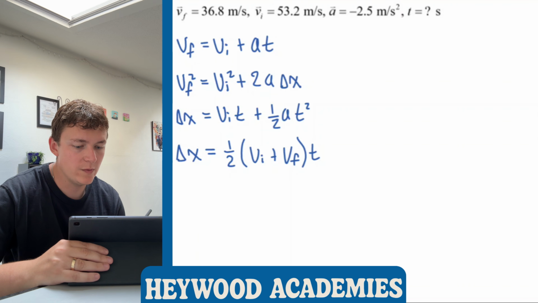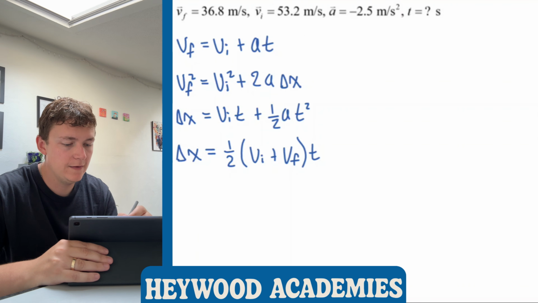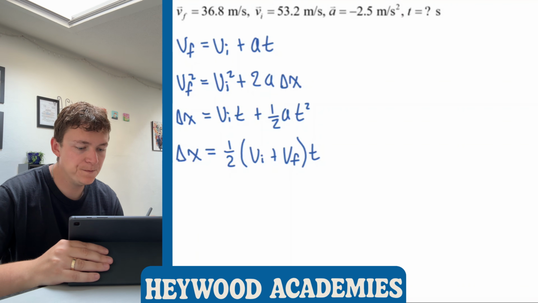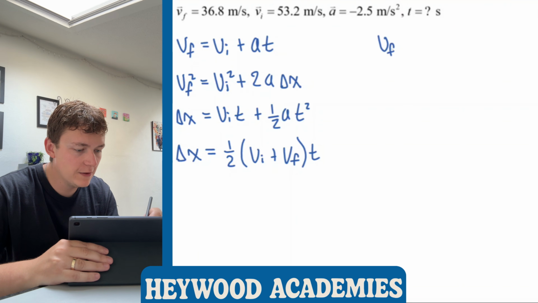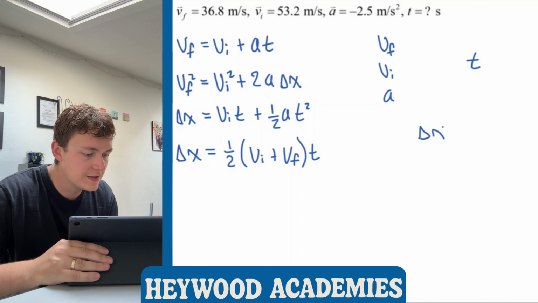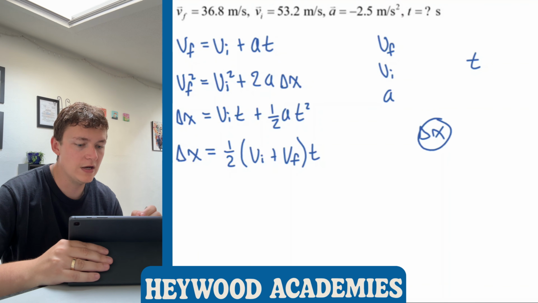Okay, so let's think about what we've got here. We've got 4 different equations, and we have to pick which one is going to work for us. So if we look at all the stuff that was given here, they told us we know the final velocity, we know the initial velocity, we know our acceleration, and we want to find time. There was no mention of displacement in our equations.